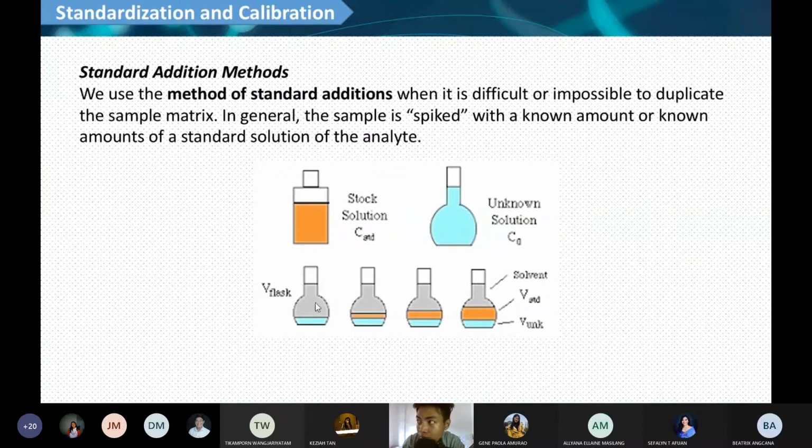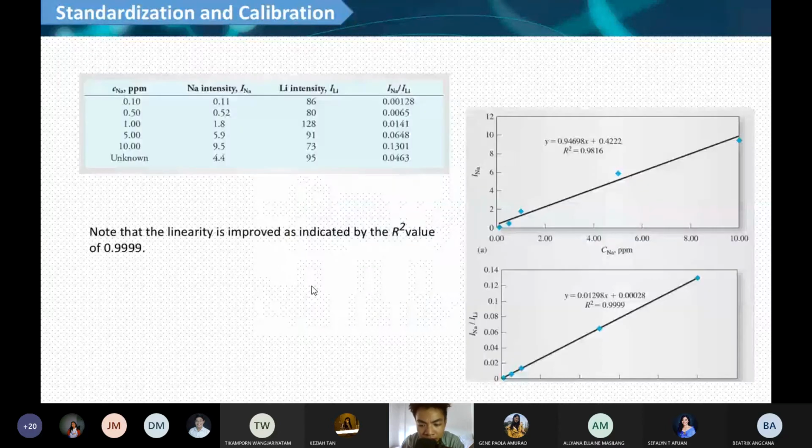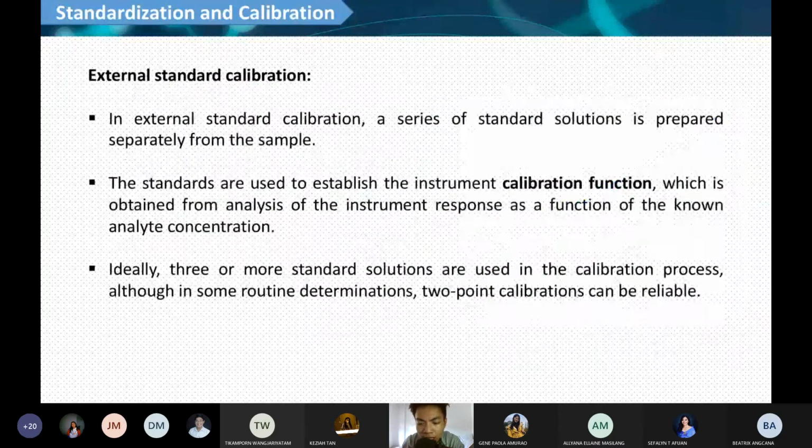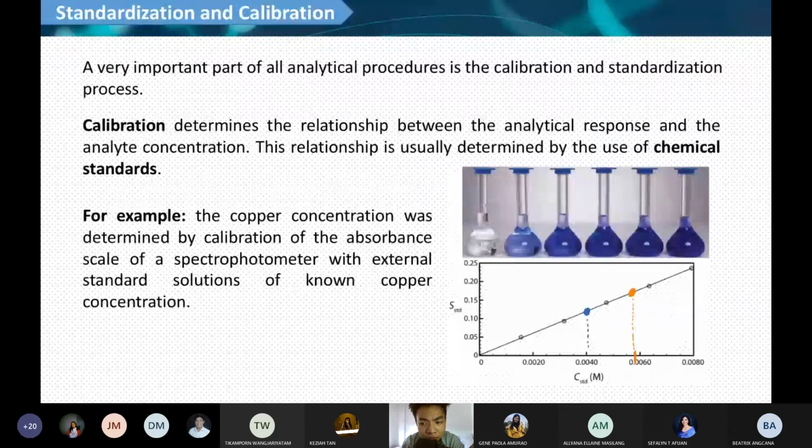By determining the ratio of their instrument responses, you can determine the concentrations of the analytes in there. All of these techniques in analytical chemistry make use of ratio and proportion, and sometimes the equation of the line.